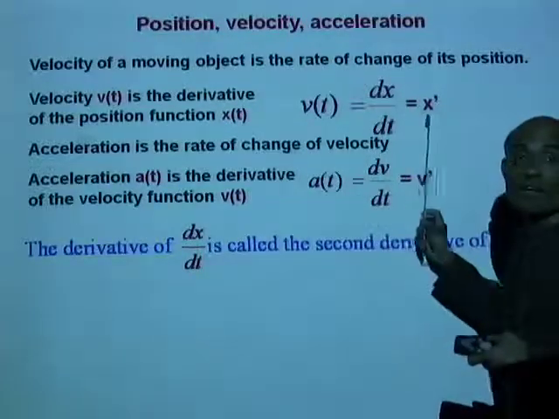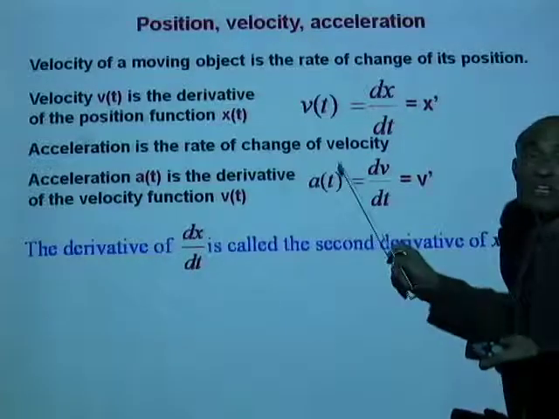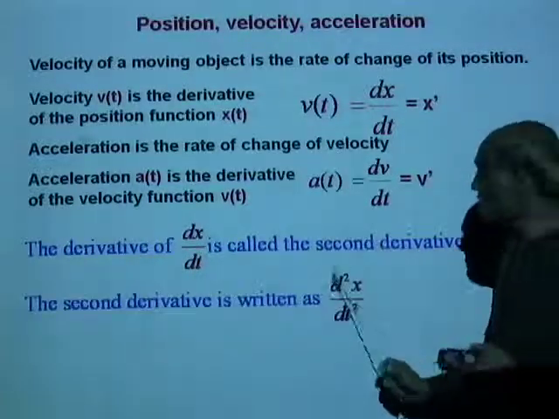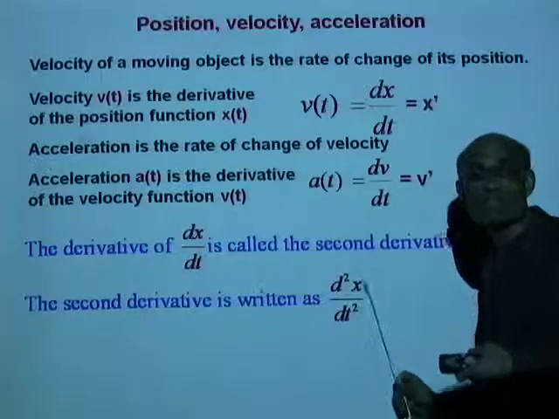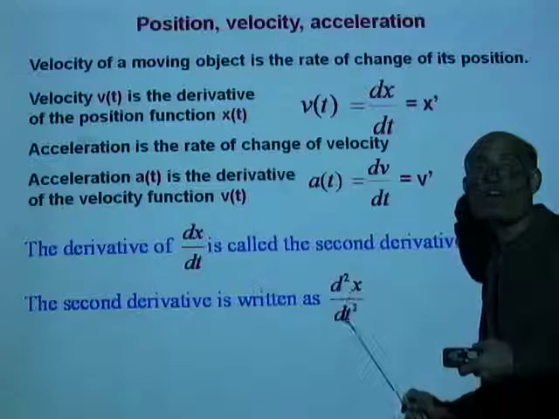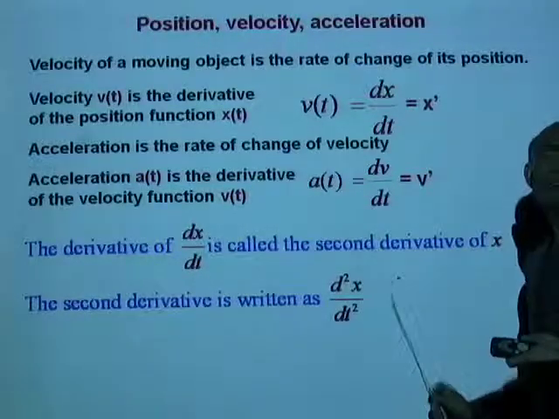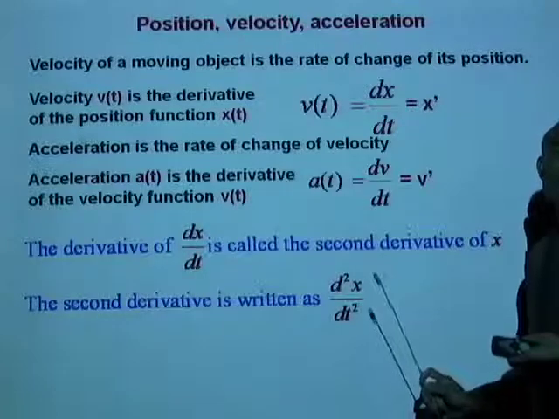If you take the derivative of that again, you get the acceleration. And look at the way we write the second derivative. This is one of the notations: d squared x over dt squared. Or also, we write it as x double prime.